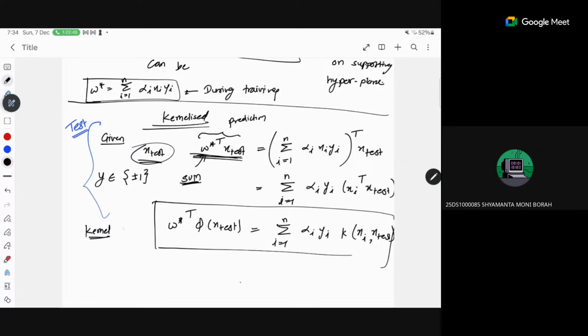This is for the kernel version, and this is for the normal version, W star transpose X test. Fine. I hope this is clear.